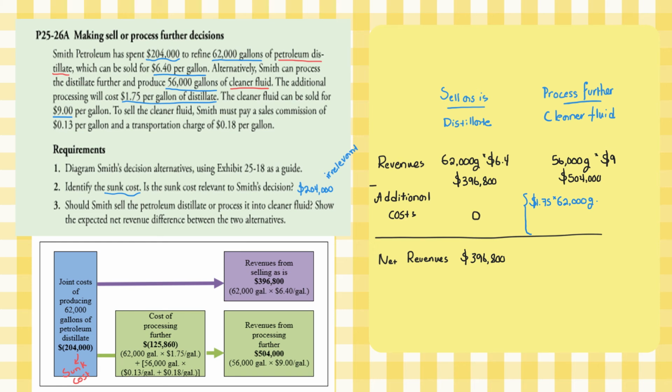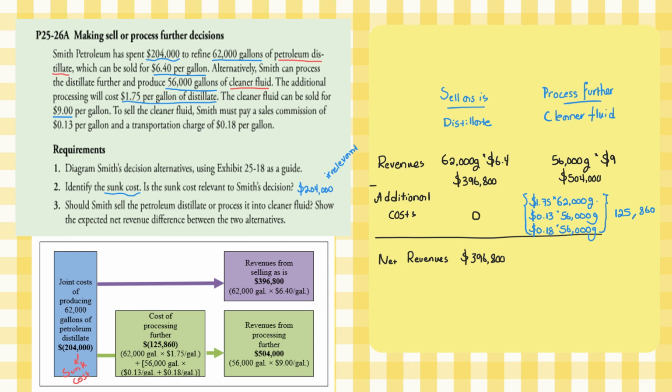So I need to multiply 0.13 and 0.18 with 56,000 gallons of cleaner fluid. So the total cost will be 125,860.